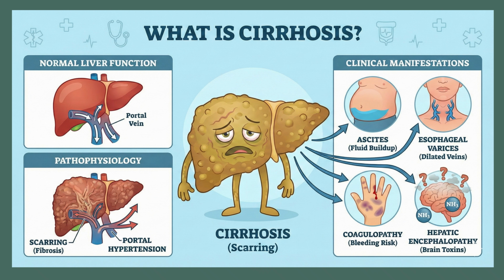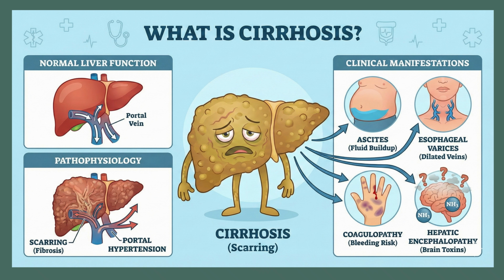So the pathophysiology: the core process of cirrhosis is chronic cell destruction and fibrosis, or scarring, of the liver tissue. Functional liver cells are replaced by nodules surrounded by this fibrous tissue, which cannot perform the liver's normal function. This leads to some major alterations.